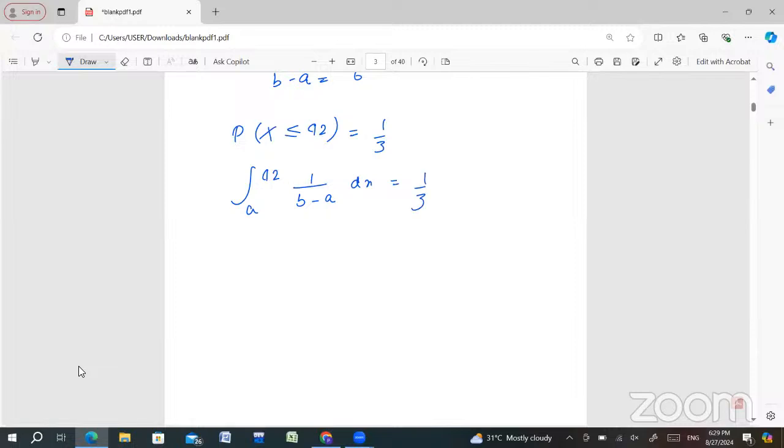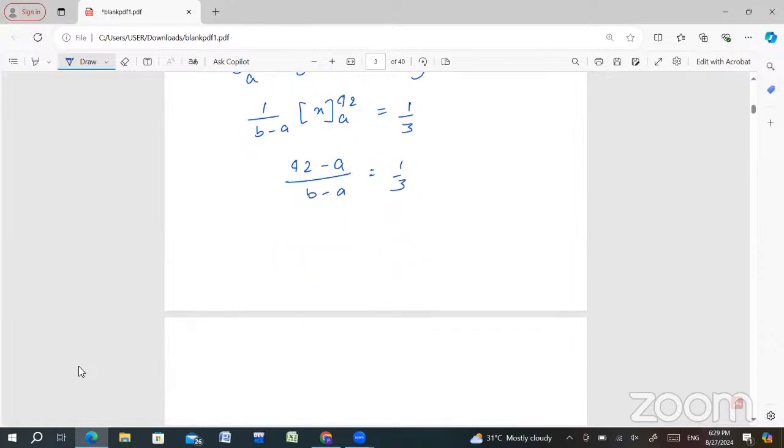If you solve it, it is x with limits A to 42, so it will be 42 minus A divided by B minus A equals 1 by 3. So it will be 126 minus 3A equals B minus A, and if you solve it, it will be B plus 2A equals 126.